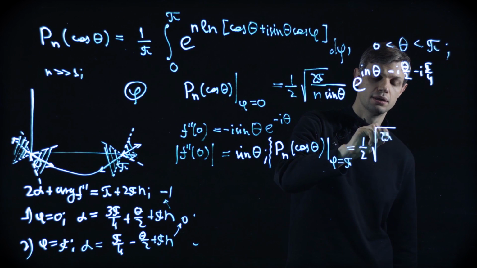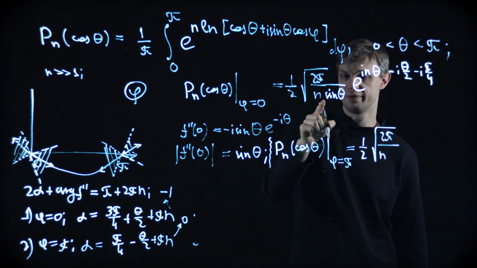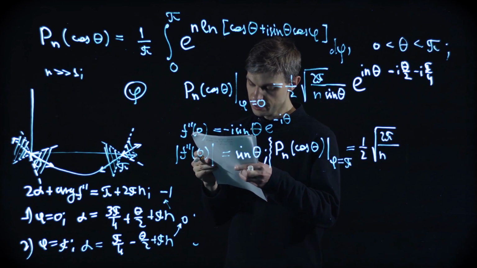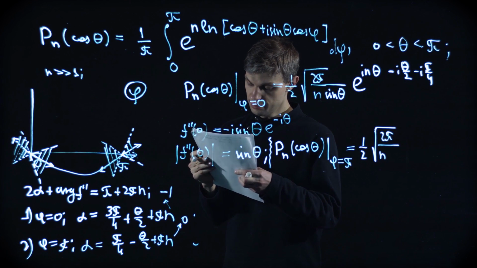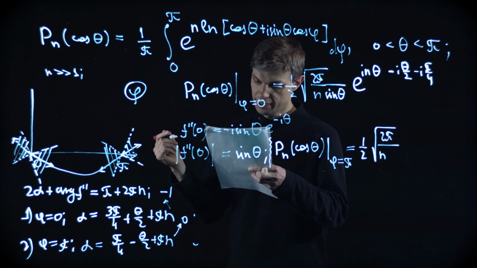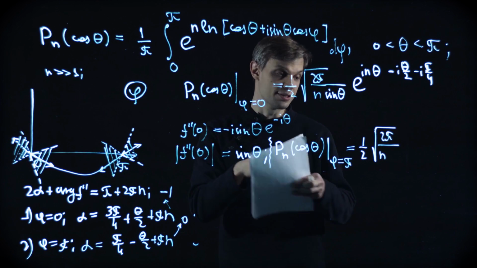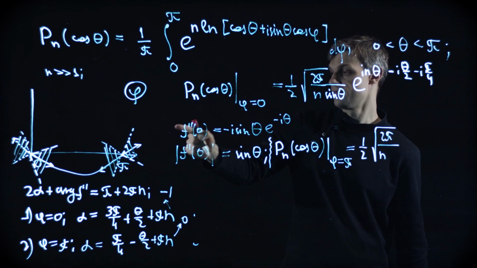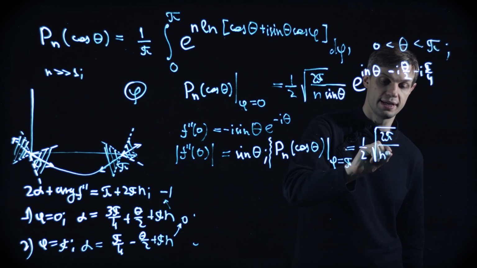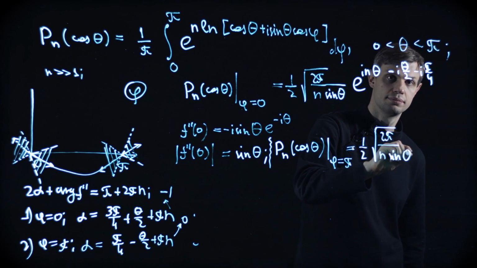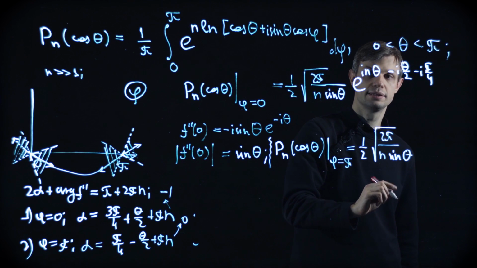So 2 pi over n as before, and f prime prime at pi. It's the same f prime prime modulus. This saddle is the same. It's sine theta.